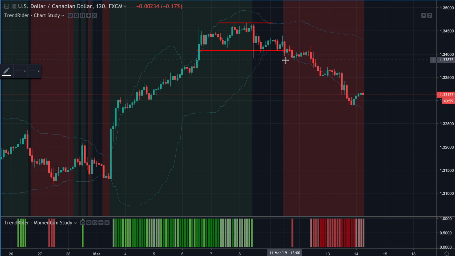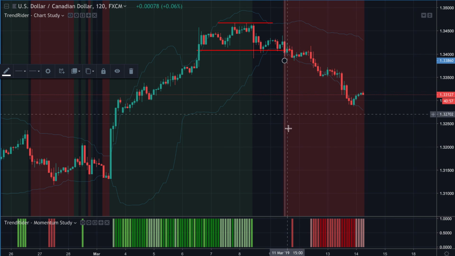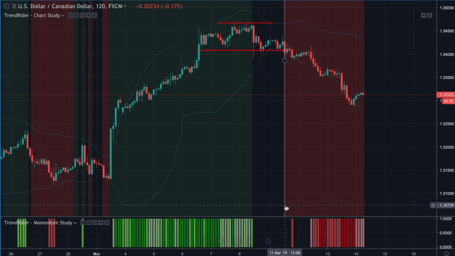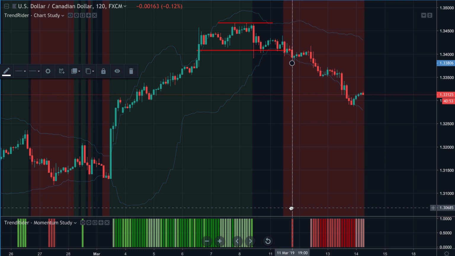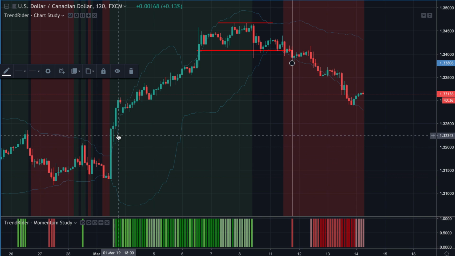Here was the first one where we have the first background turn red, but as I always suggest, you wait for the momentum study to also give you a confirmation. So only if the background and the momentum study are pointing in the same direction, you are good to go. And you can see here on the previous uptrend, this happened right here.